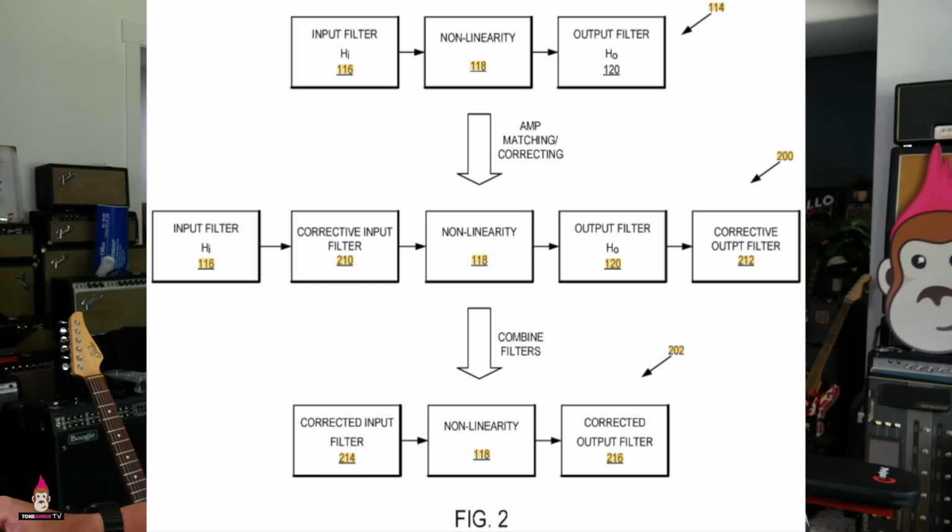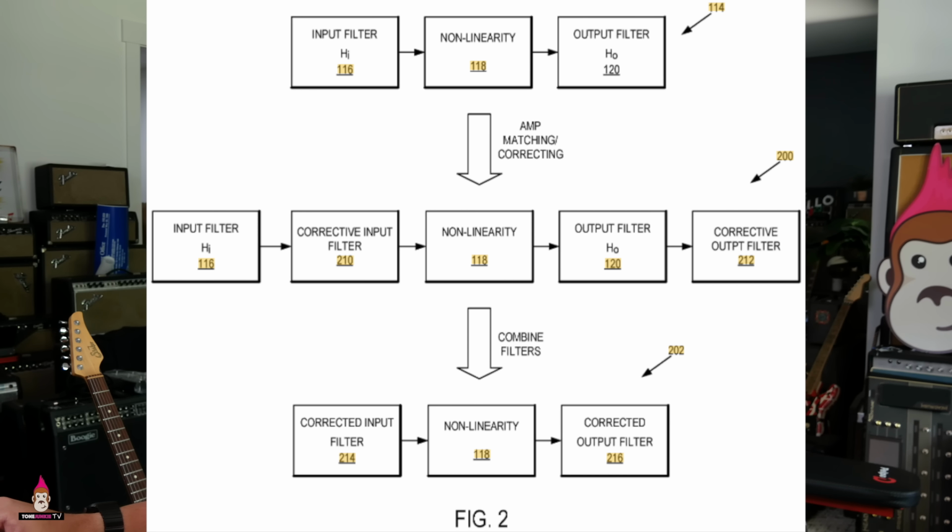So we have that input filter, non-linearity, and the output filter, and an amp matching correcting, showing what we're applying. Well, we're applying a corrective input filter and a corrective output filter to the input filter and the output filter, and applying those before and after the non-linearity, and then combining that to create a new corrected input filter and corrected output filter.